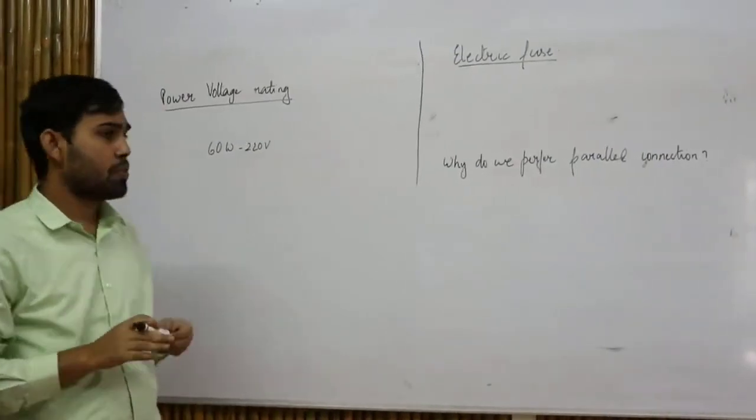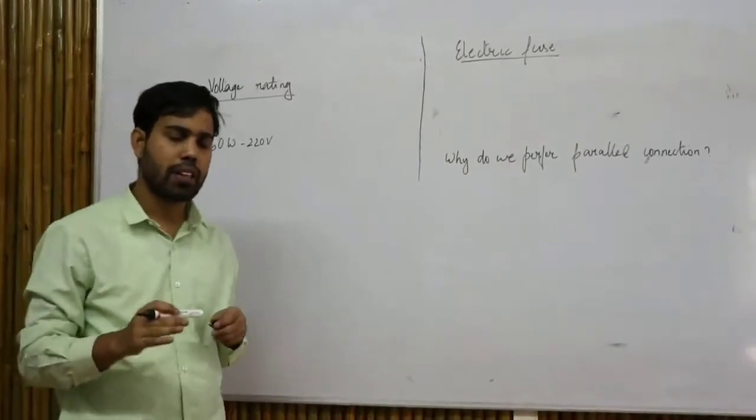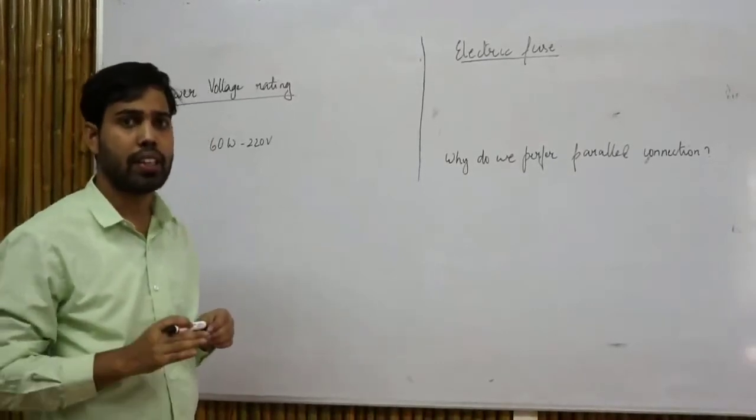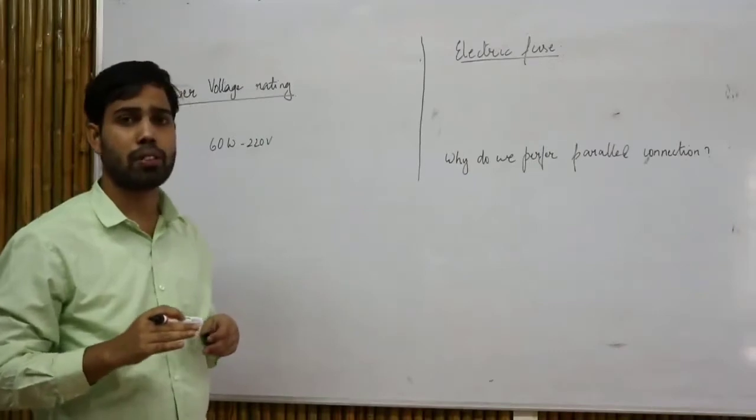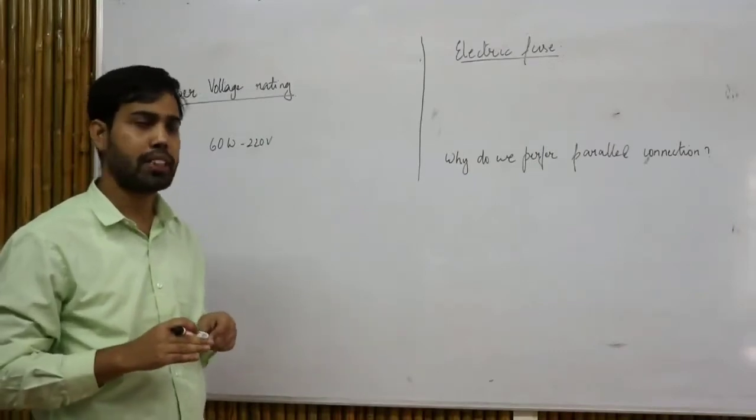Now what is this power voltage rating? It specifies the amount of voltage required for the proper functioning of the device, and also the amount of power it will consume during its operation.